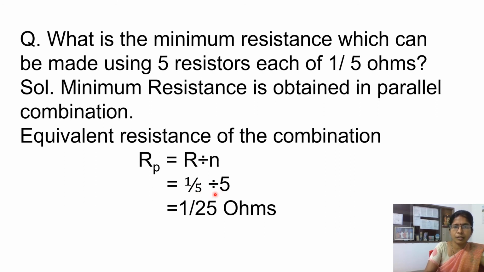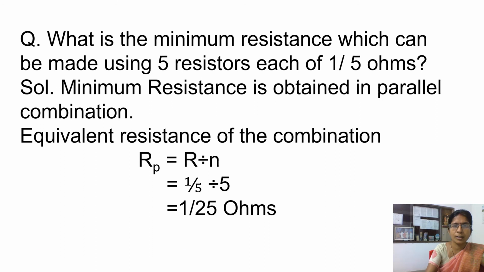So here 1 by 5 into 1 by 5, which is equal to 1 by 25 ohms. Okay. Remember that minimum resistance is possible when they are in parallel combination, and minimum current is possible when they are in series combination.